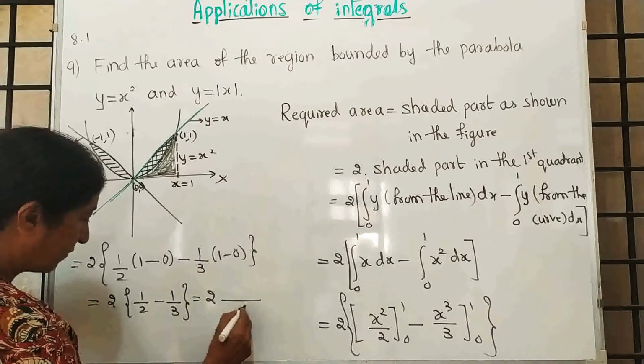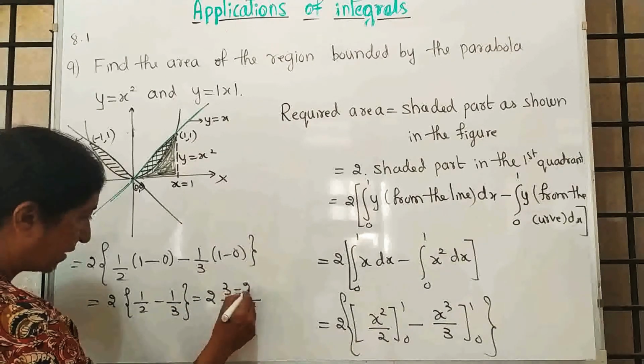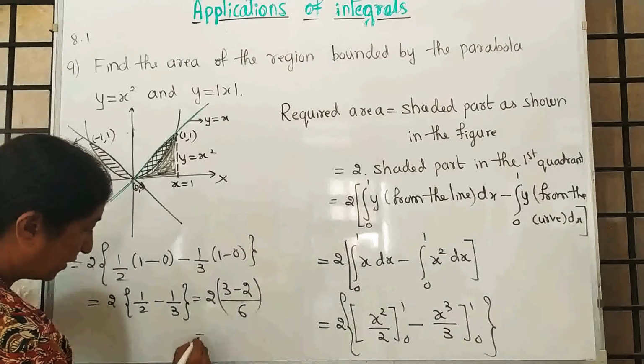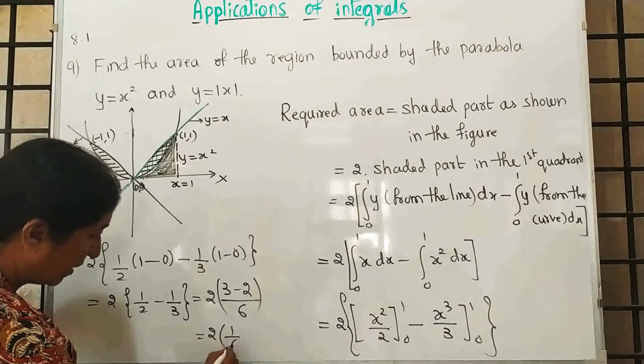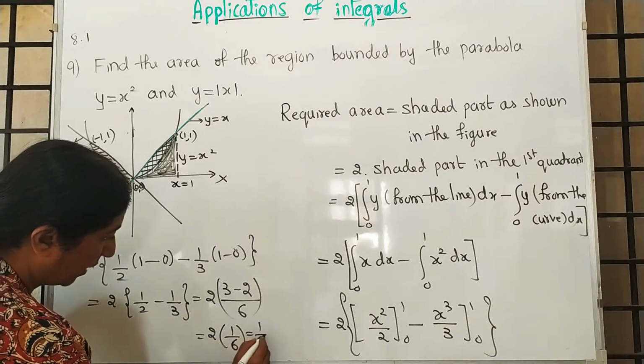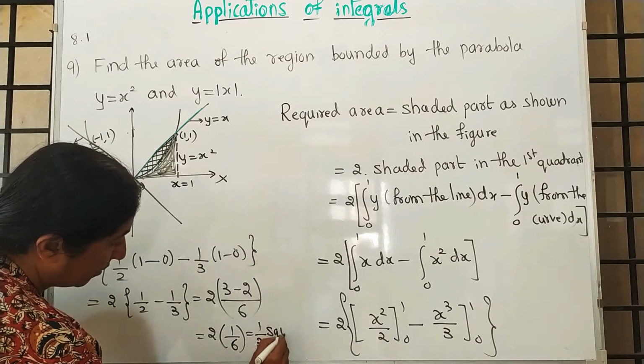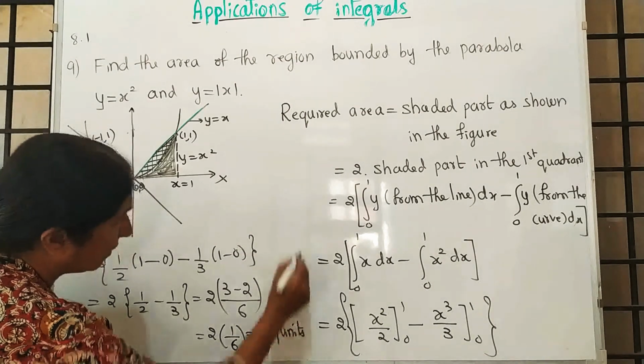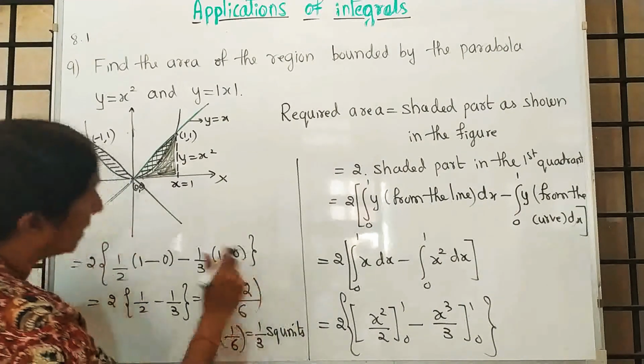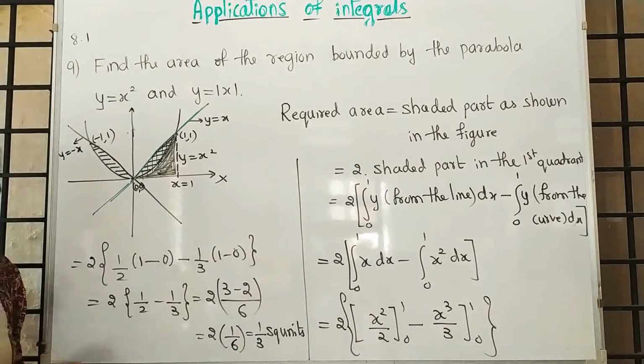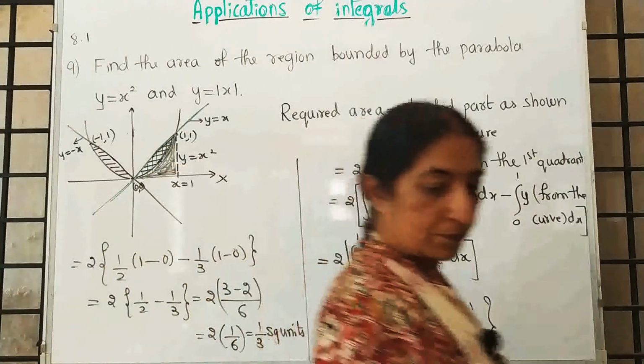LCM is 6, 3 minus 2. That is 2 into 1 by 6. That is nothing but 1 by 3 square units. See, very simple. Only thing is depending on the figure. Now moving to the next example.